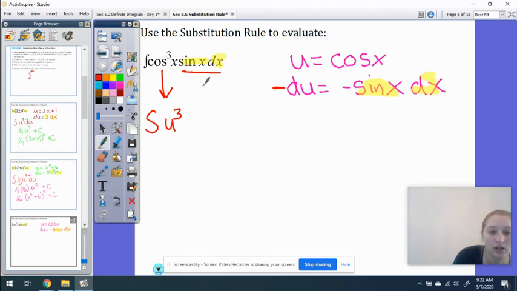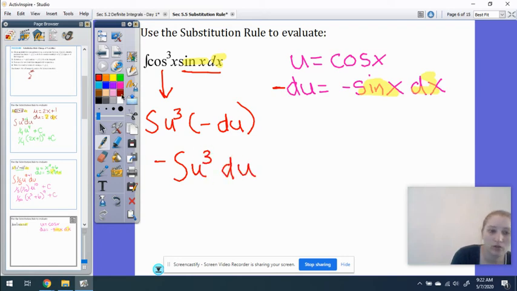The only difference is the negative sign. So negative du. Okay. All right, so let's just move the negative out in front just to make our life a little bit better. So we're going to say negative u cubed du.